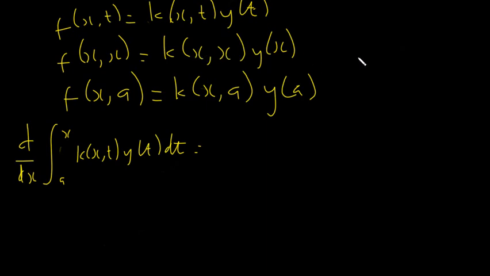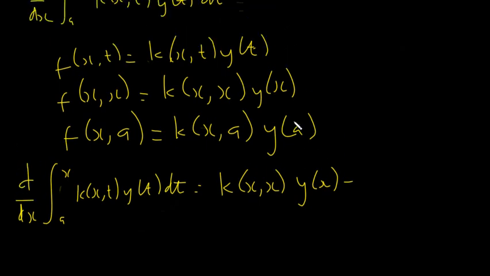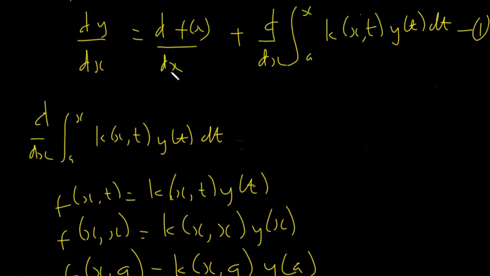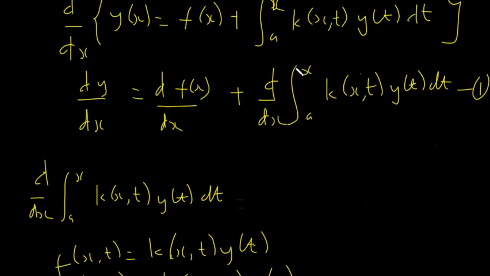So we write that we have k of x y of x minus, then we actually multiply this by the derivative of the upper limit.